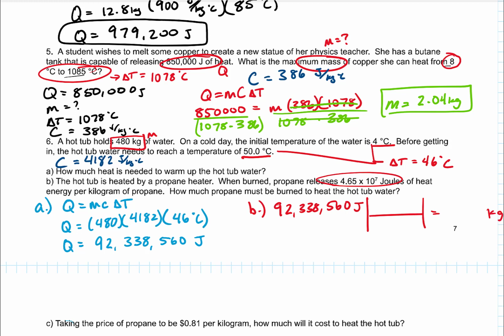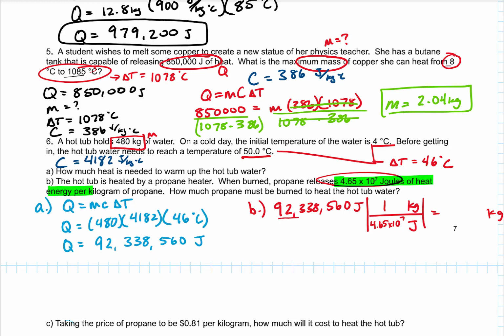Right, so we have joules on top, we need joules on the bottom, and our conversion factor needs kilograms on the top. And for our little conversion factor here, joules of heat per kilogram, that's what we're going to use. We have 4.65 times 10 to the... Oh, no, that's backwards. That's my joules. I apologize. We have 4.65 times 10 to the 7th joules per 1 kilogram.